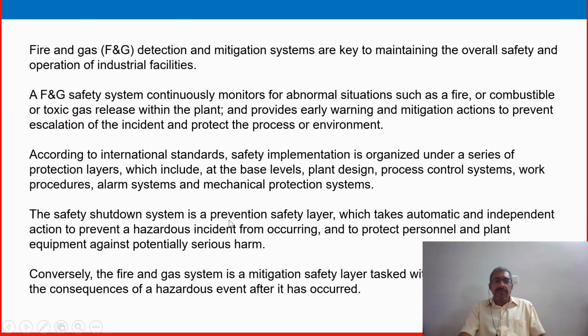The safety shutdown system is a prevention safety layer which takes automatic and independent action to prevent a hazardous incident from occurring and to protect personnel, plant, equipment and environment against potentially serious harm.